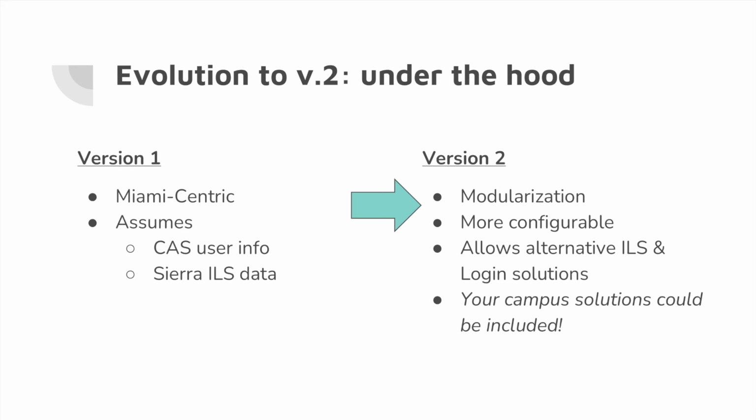Using modularization allows for different underlying technologies. The codebase still only includes CAS for authentication and Sierra for circulation data, but it's written in a way that new modules could be written and plugged into place as institutions with different systems adopt MyGuide. An administrator would configure which modules to use when they install the system.